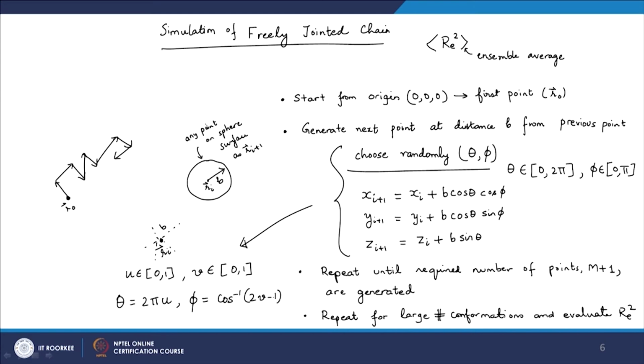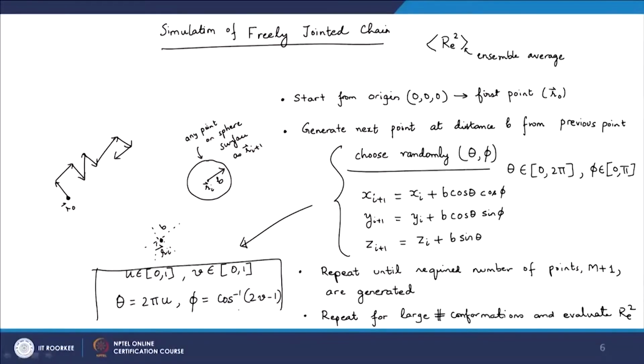As an assignment, you can try doing both these methods and see why I am saying that you will not get a uniform distribution in this case, and why this will ensure a uniform distribution.